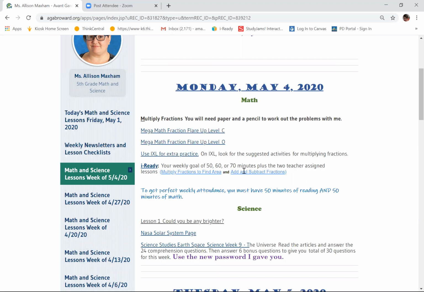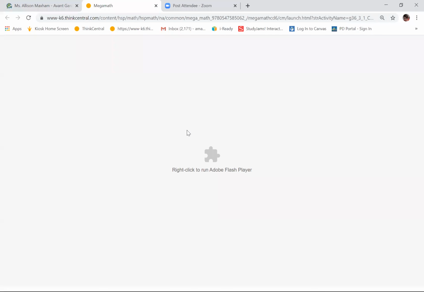Now, I'm going to review with you adding and subtracting fractions on Thursday and Friday. So if you have a hard time with this, maybe hold off, like try it, and if you fail it, wait until you do the lessons with me, and then try it again, okay? Multiply fractions is so much easier than adding and subtracting. All right, let's go to Fraction Flare Up Level C.